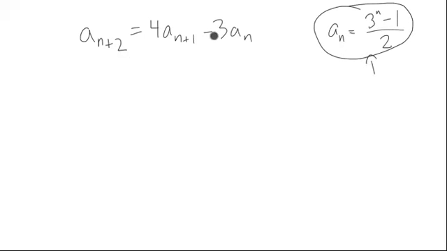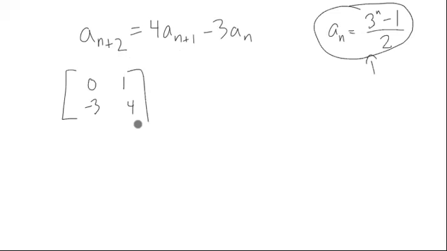We're going to write this as a matrix type equation. The way we do that is we put the -3 right here and the 4 right here with a 0 and a 1.